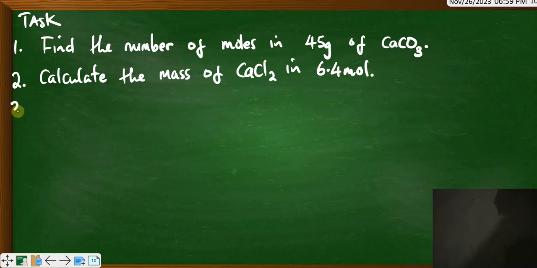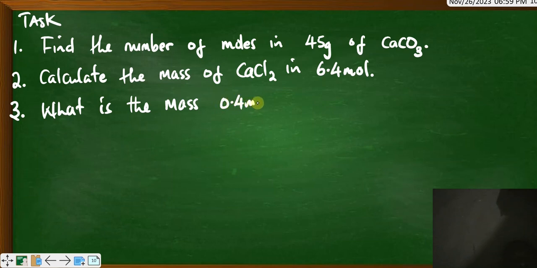Then 3, what is the mass of 0.4 moles of aluminium sulfate.